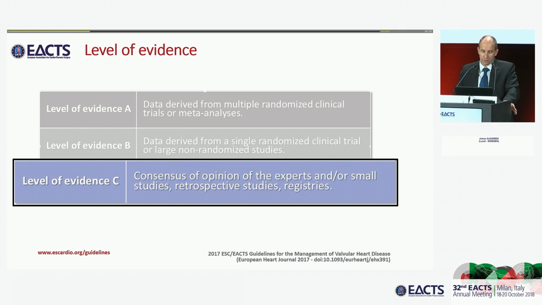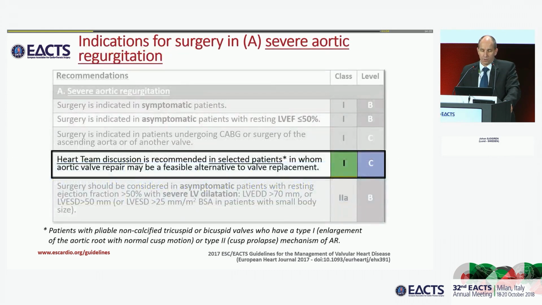But as I said, there are hundreds, maybe thousands of hours spent to produce a new guideline. So you can lean on that when you want to choose the procedure, whether it's going to be aortic valve repair or aortic valve replacement.